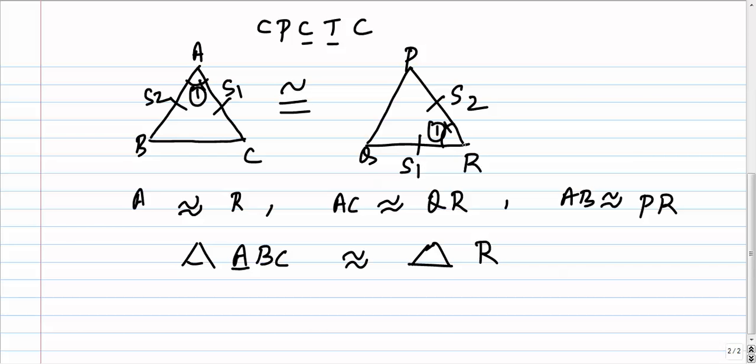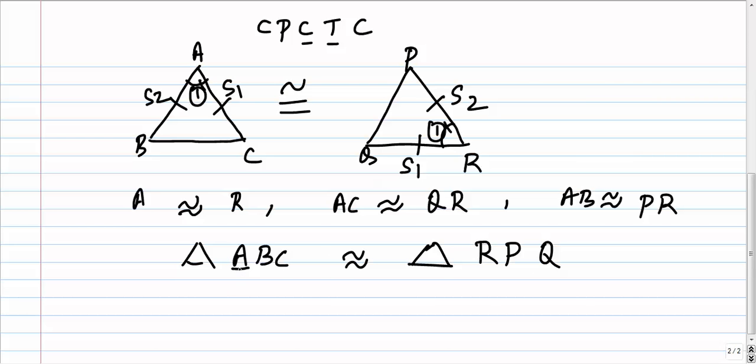AC equal to RQ. So when I say AC, that is A comes first, C comes last. Similarly here R must come first and Q must come last. What is pending is P. Now I can mention that triangle ABC congruent to triangle RPQ.